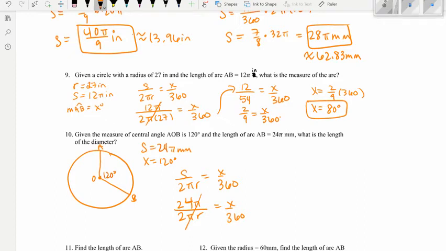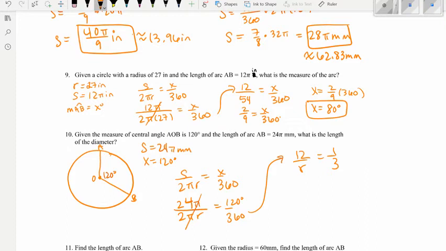And that leaves us with 24 over 2, which we can simplify into 12 over r equals x over 360. And I forgot to put in the x, which is 120 degrees. So 120 over 360 reduces into 1/3.